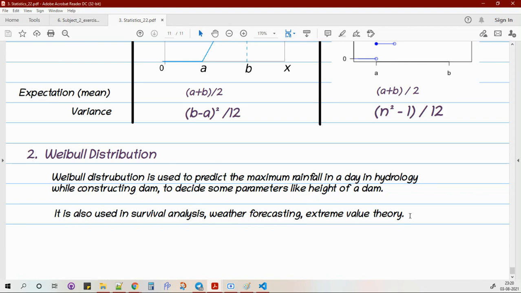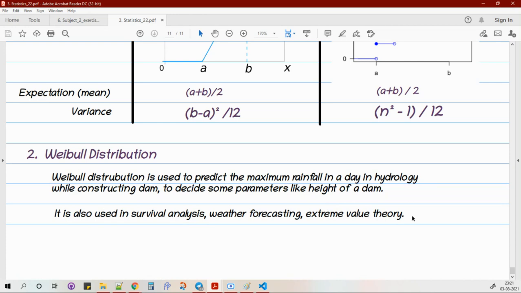So we know what's the chance of getting this much rain here, in the worst of the worst case. This is very useful in deciding values like the height of a dam. What should be the height of a dam? How much concrete should we use? How strong should it be? So this was discussed in the lecture video.